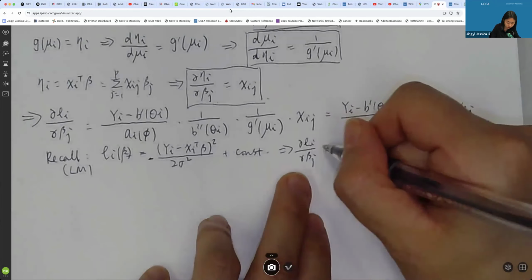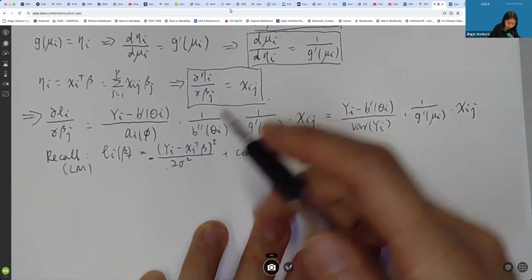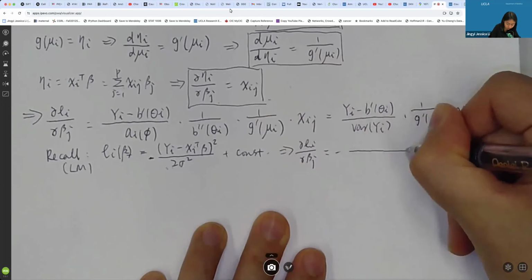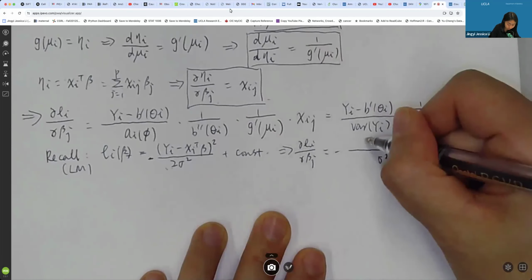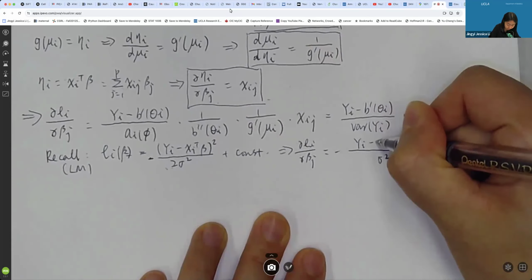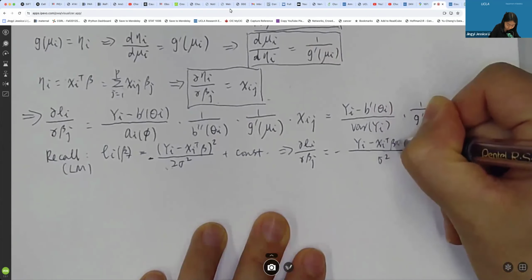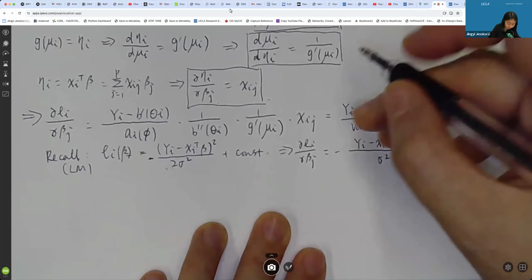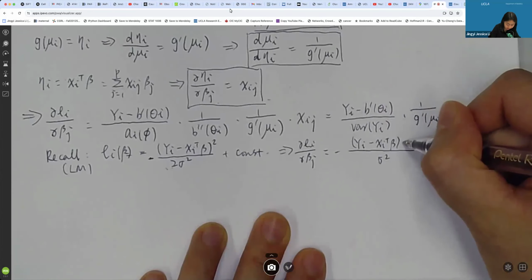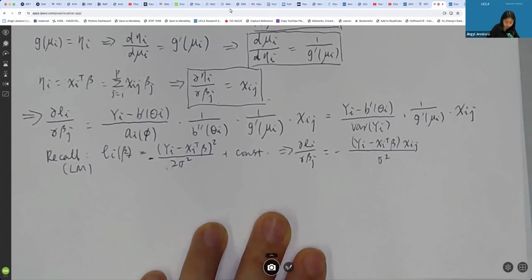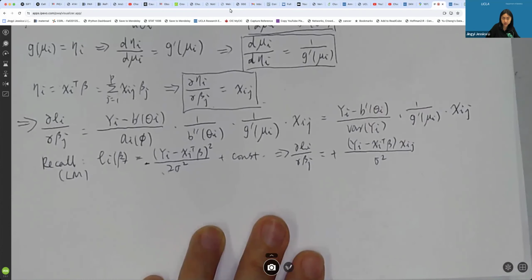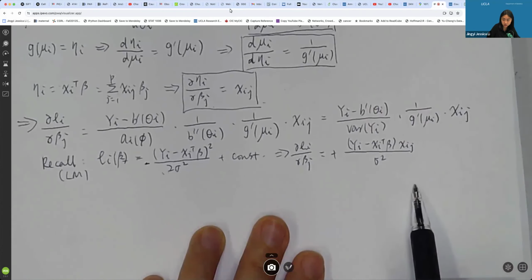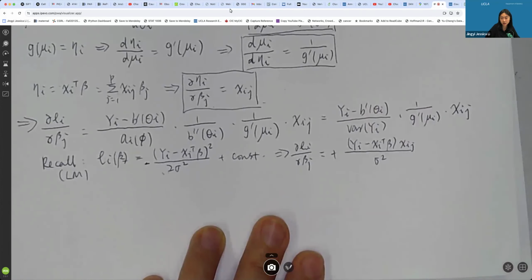The 2 cancels out, and we have a sigma squared here. So we have yi minus xi transpose beta, times xij, and the negative sign cancels. So we get this. This is the gradient. And at that time we just directly set it to 0 and solved for beta.